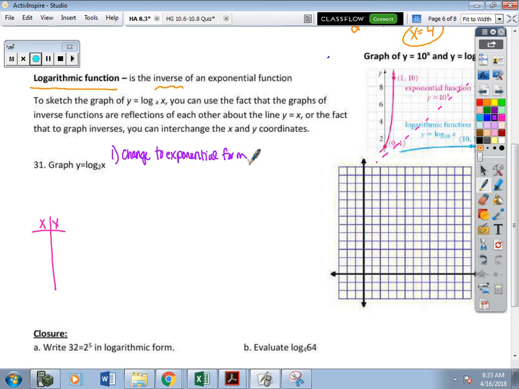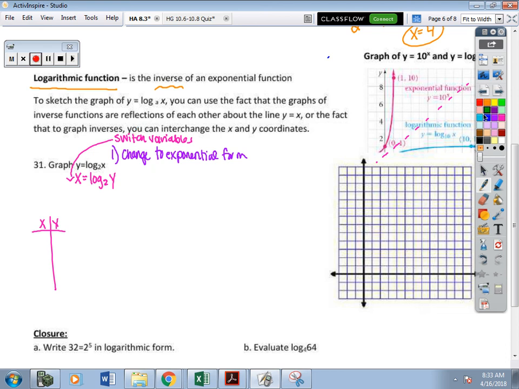Actually, let's switch our variables first too, because we're doing the inverse. So make this x equals log base 2 of y. So maybe that's really step 1. So we're going to graph the inverse of it first and then reflect it to get back.